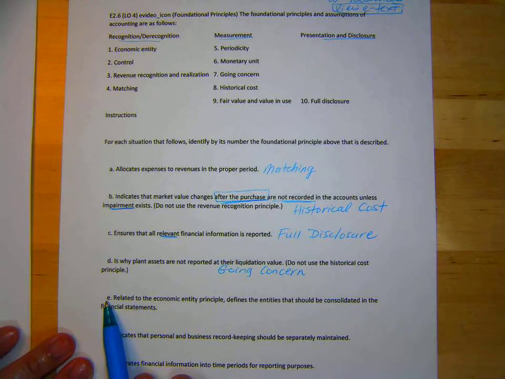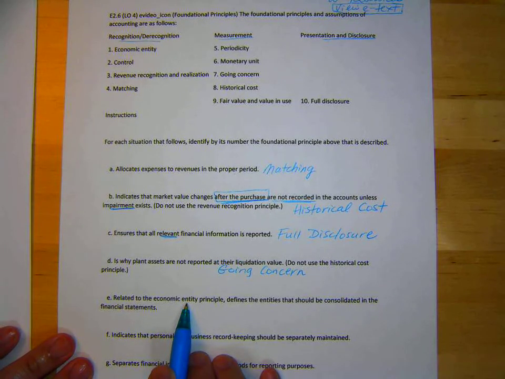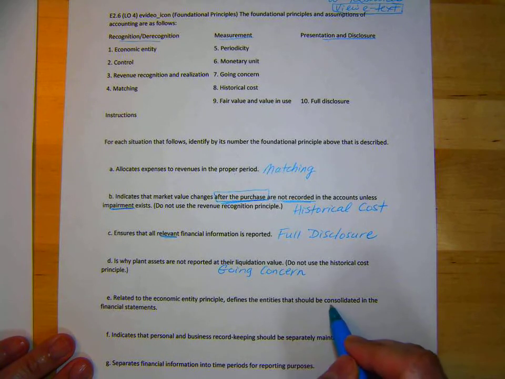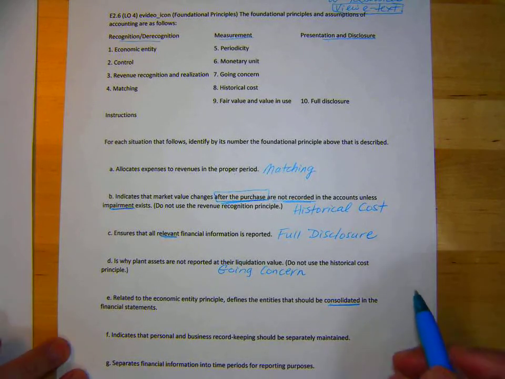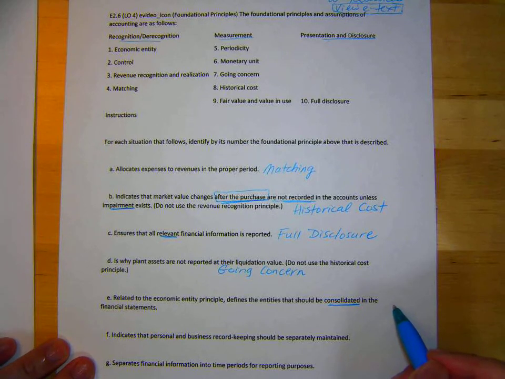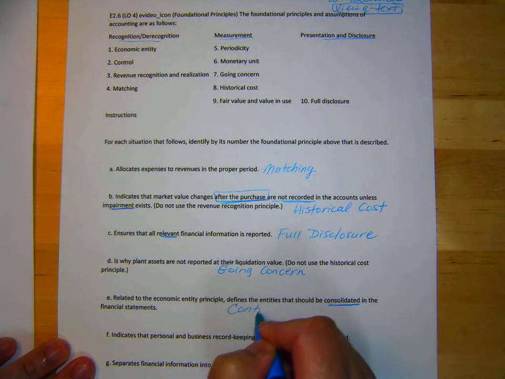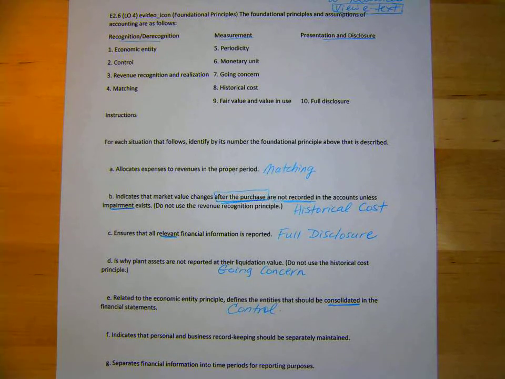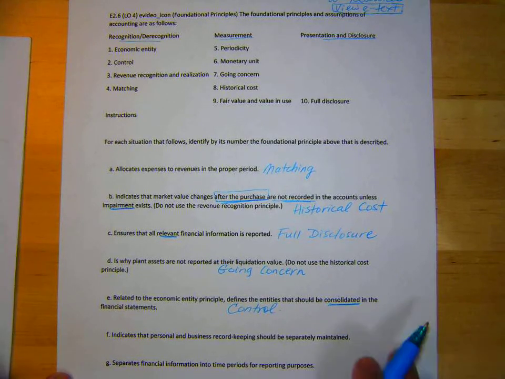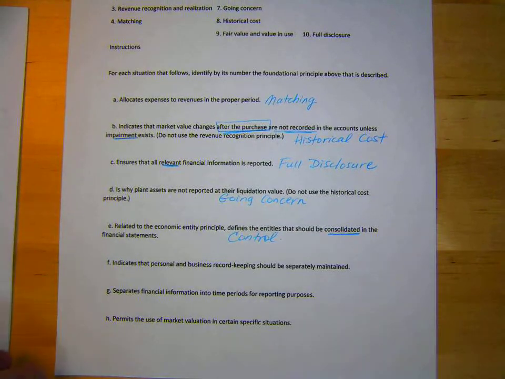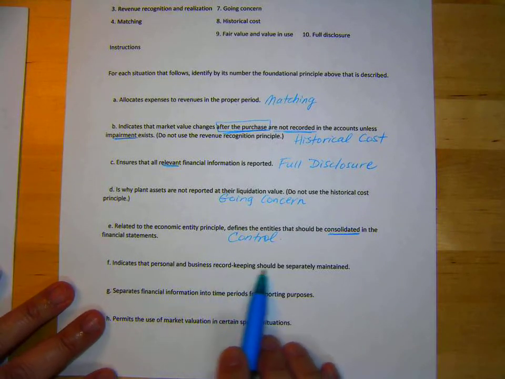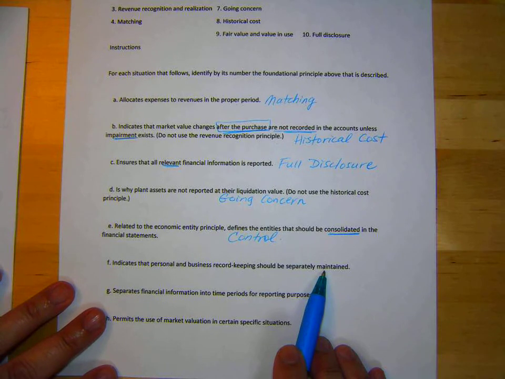Now, part E, related to the economic entity principle, where you keep each economic entity separate from the other, it defines the entities that should be consolidated. So this was the one you don't really have to worry about until advanced. This is control. Now, part F indicates that personal and business record keeping should be separately maintained.